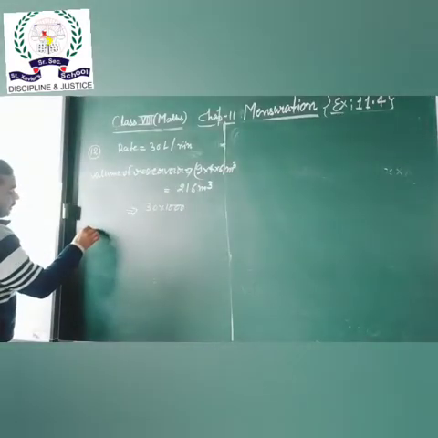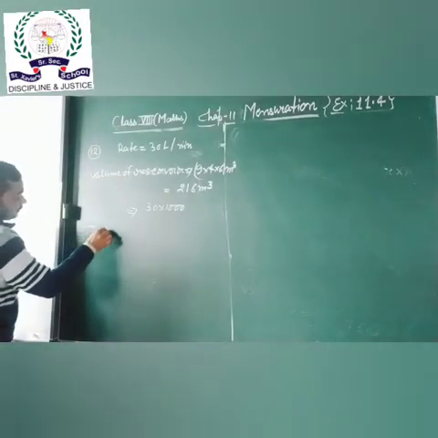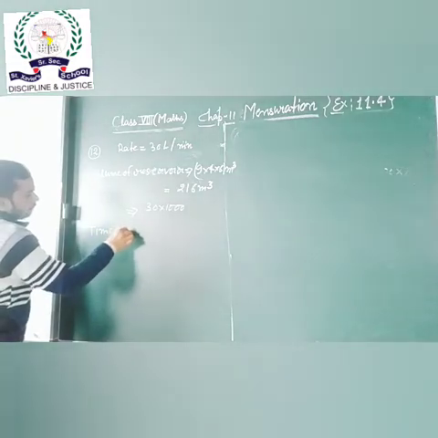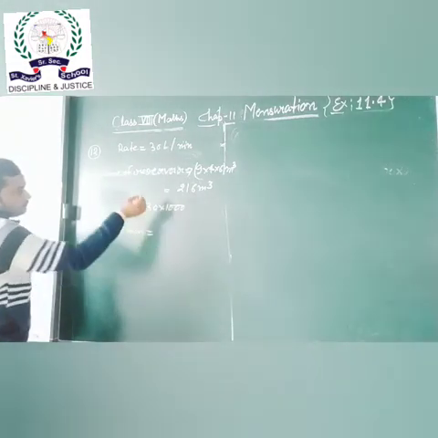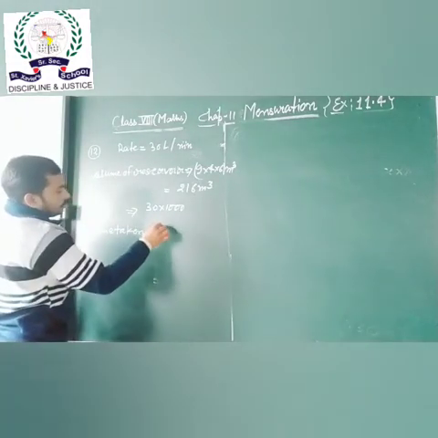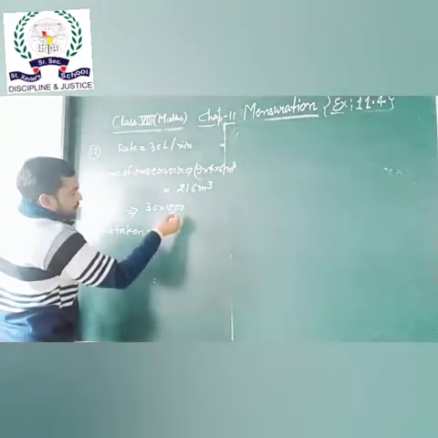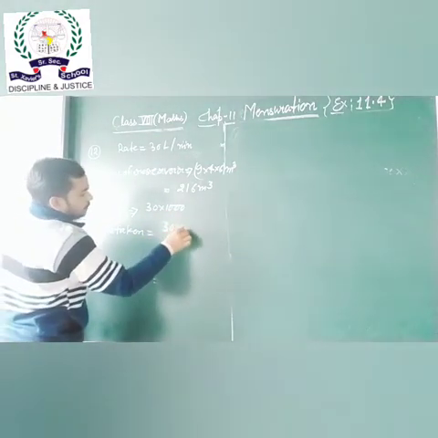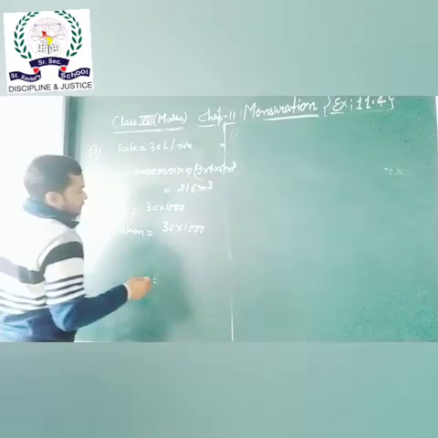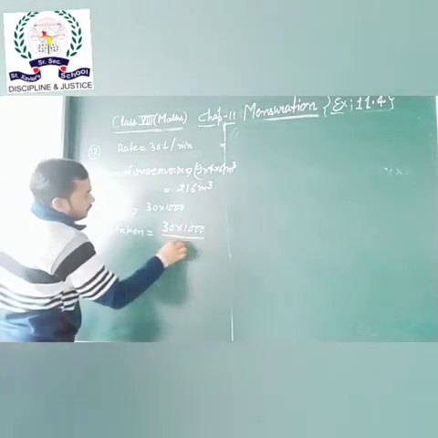Then find the time taken. So time taken equals 30 into 1000 divided by 216.